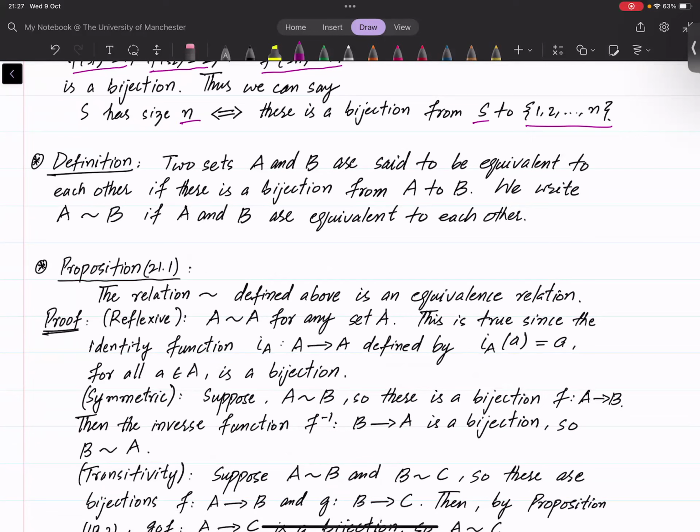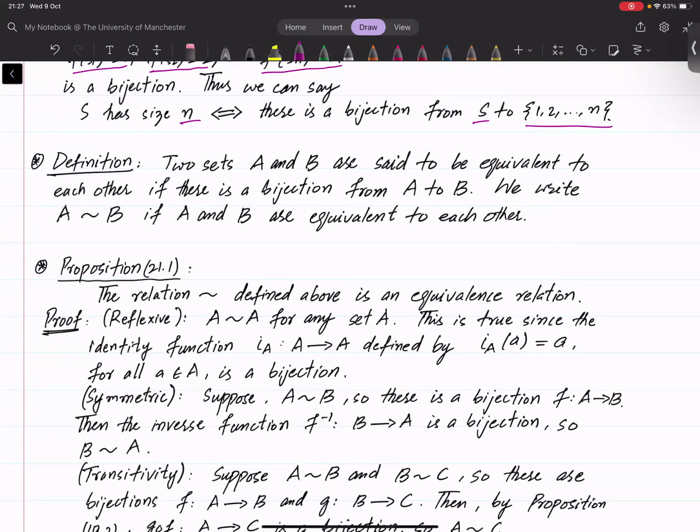To show that it's a reflexive relation, you just need to show that A is related to A for any set A. This is true since the identity function I_A from set A to A, defined by this, will always send every element of A to itself. For all a in A, it is a bijection. Identity functions are always bijections.